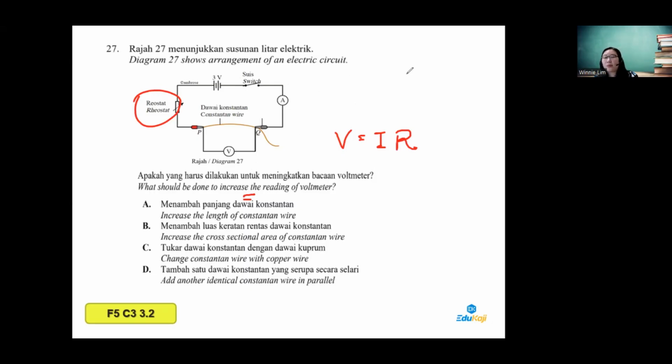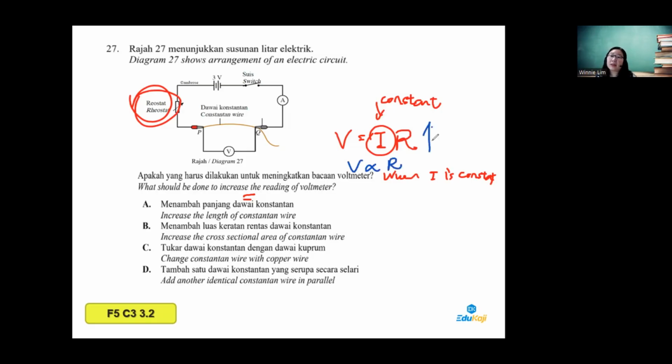They should mention that when I is constant is a better idea. If you always adjust the rheostat to keep the current equal, then with the current constant, we can see the relationship between the voltmeter reading and the resistance. If current is constant, this means V is directly proportional to R.